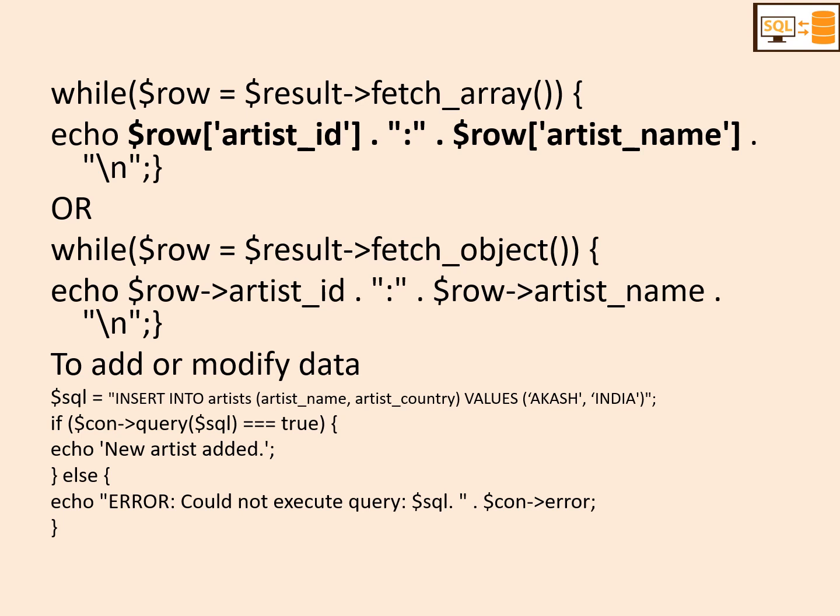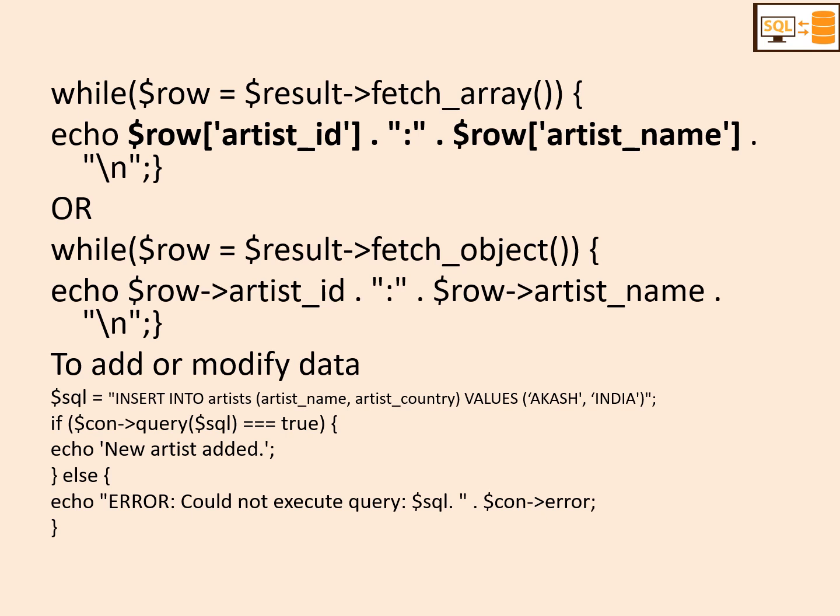Another method of fetching the data from the resultant variable is the fetch_object method. The fetch_object method is another function which is used to extract data from the resultant array.